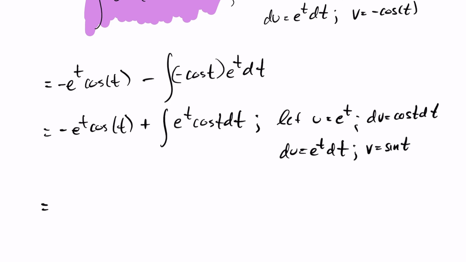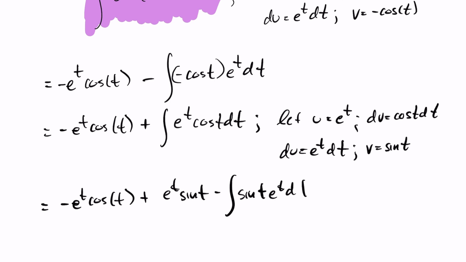So doing integration by parts again, this becomes negative e to the t cos of t plus uv, which will be e to the t sine t, minus the integral of v, so I'll write that down, times du, e to the t dt.